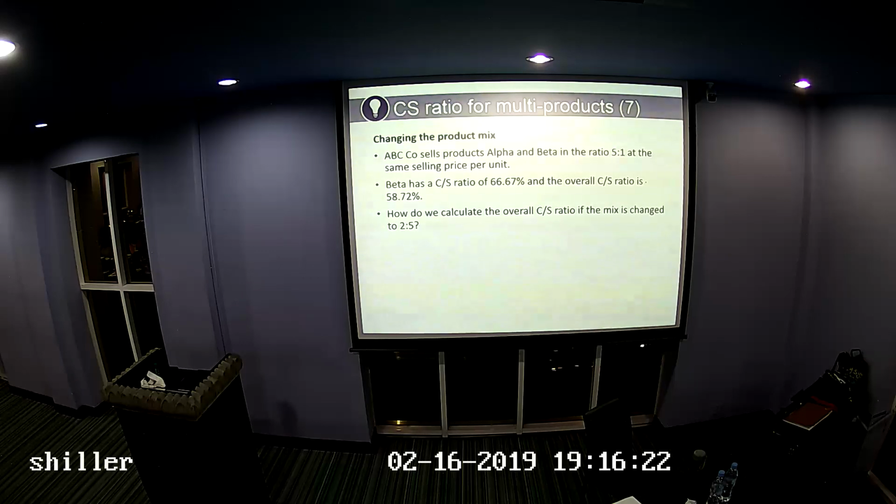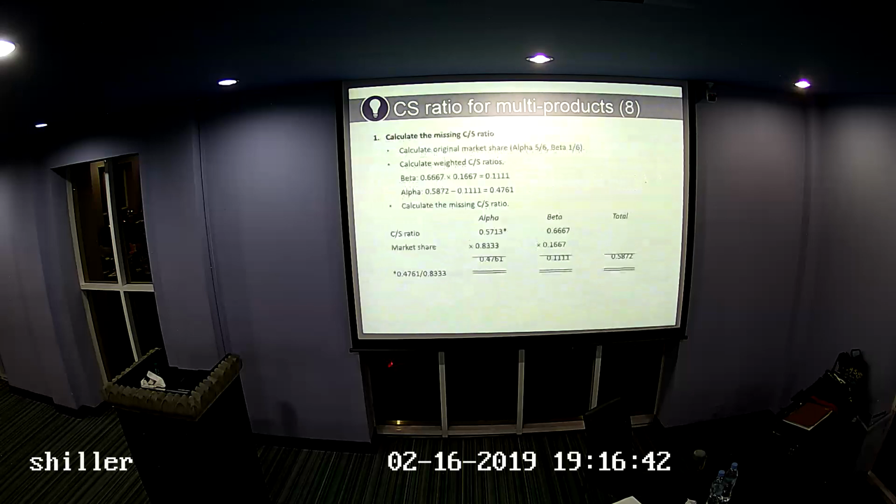But you know we need the other mix. We need the other CS ratio. Don't make a mistake. This one is the CS ratio for beta. There is no CS ratio for alpha, but they give the overall. What should I do? So, what is the current market share?